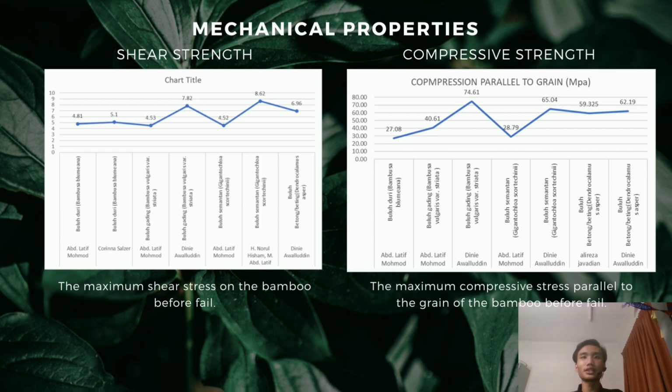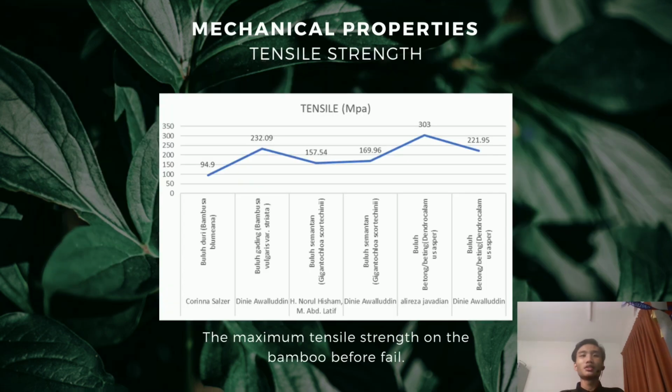And the second highest is from Gigantochloa Scortechinii, both from the research paper of Dinia Waludin. It can also be observed here that the value of Dendrocalamus asper data from two different research papers has values that are not far apart from each other.